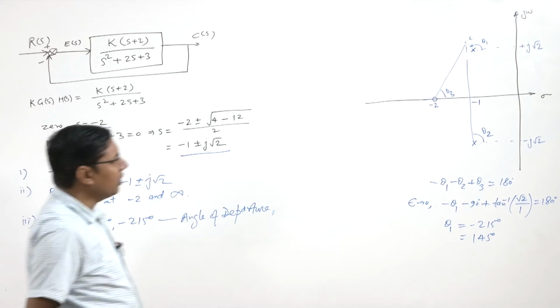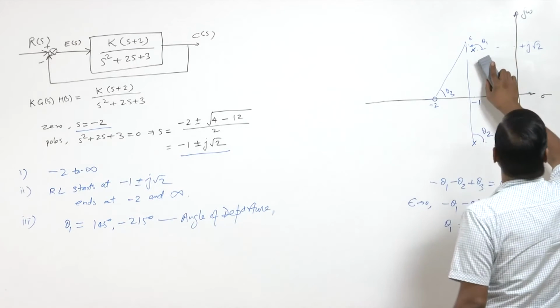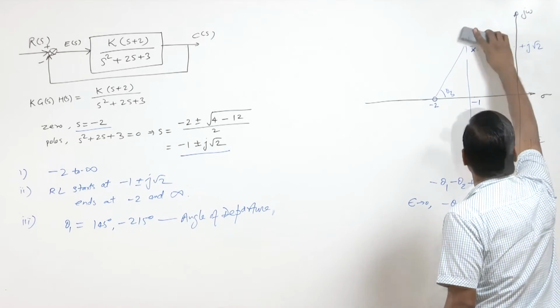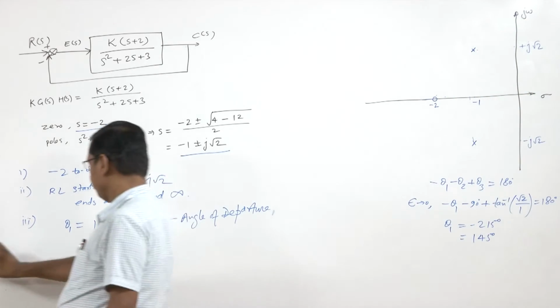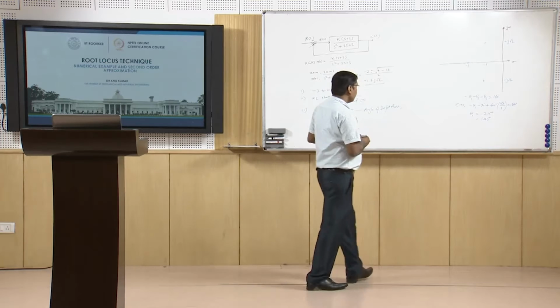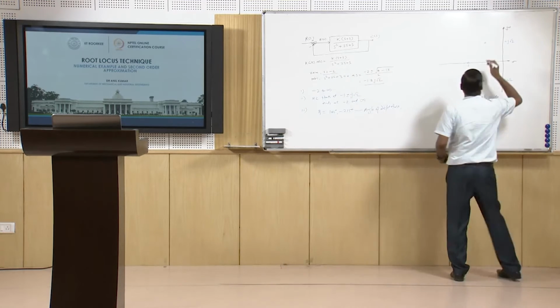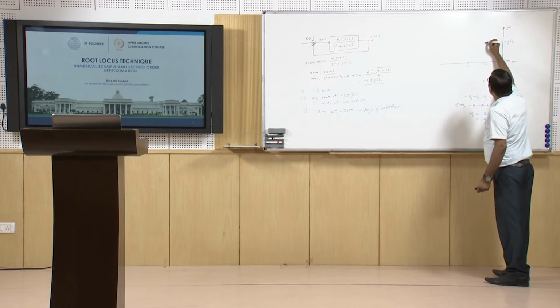So we have obtained the angle of departure. It means that the root locus will start at 145 degree from here.